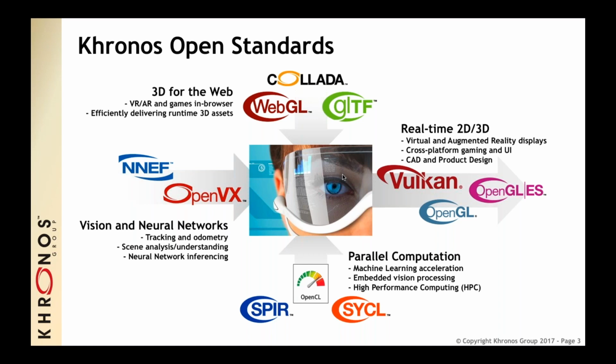executed on. These specifications are royalty-free, and there are conformance tests for companies, typically silicon companies, who implement these APIs, so that the user of the API can be assured that they will get similar behavior for a given program written to the API, regardless of the silicon underneath that it's running on.